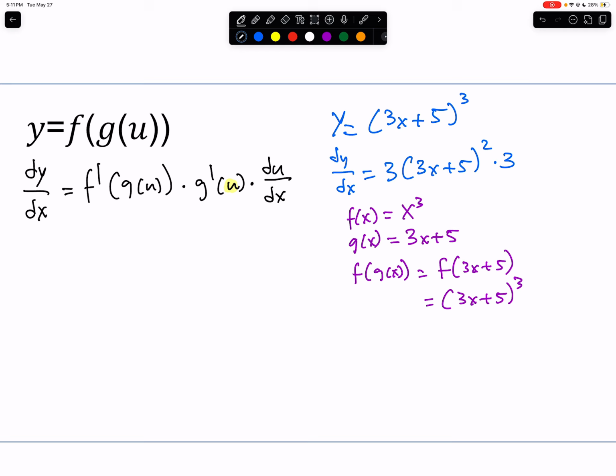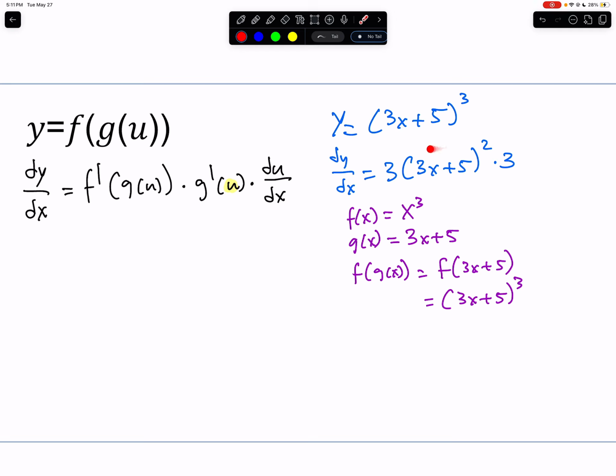Now, FYI, how do you know this, right? For your information, this is how I got it. Think about this. f prime, what is f prime? f prime is 3x squared.